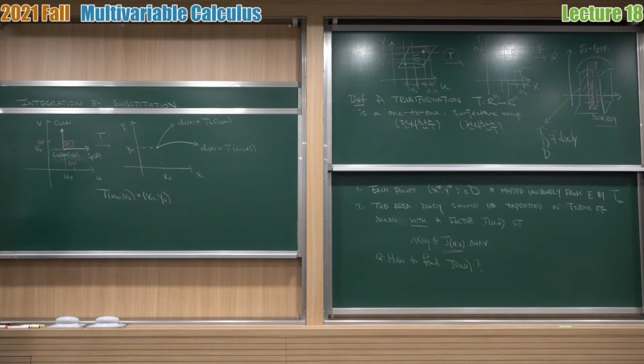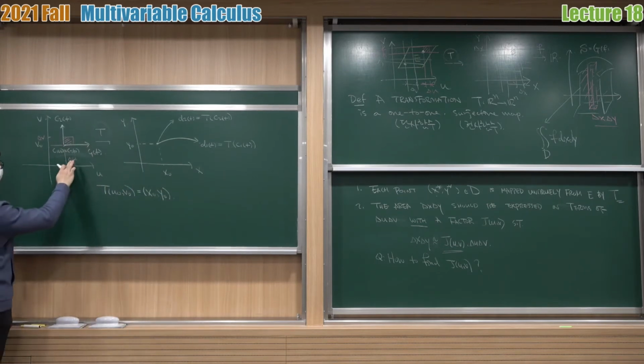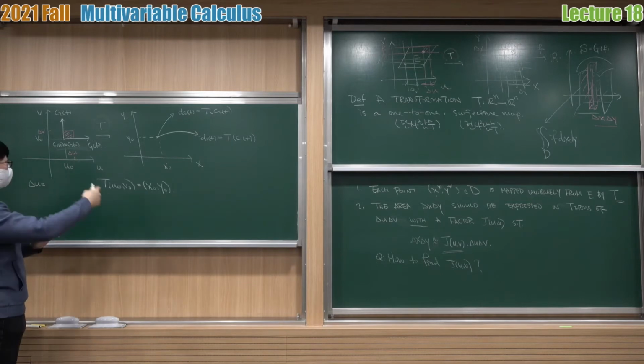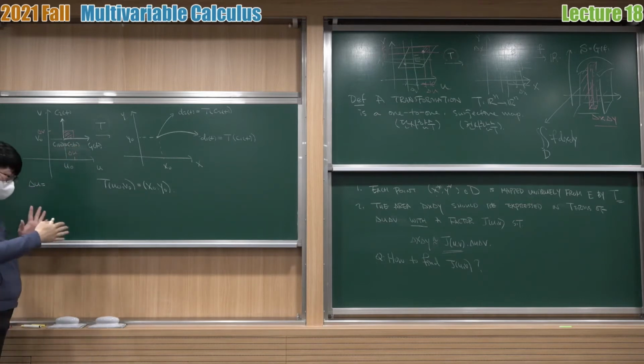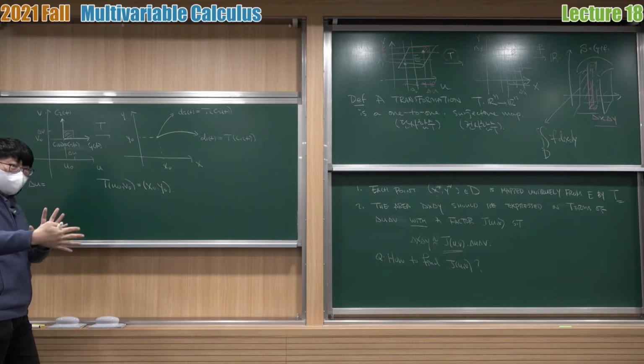Let's say I have the same time frame for the UV plane and the XY plane. Delta u is the displacement of the point along the C1(t) curve during delta t amount of time.